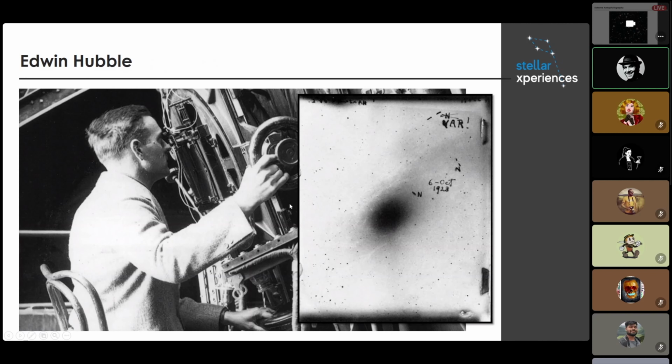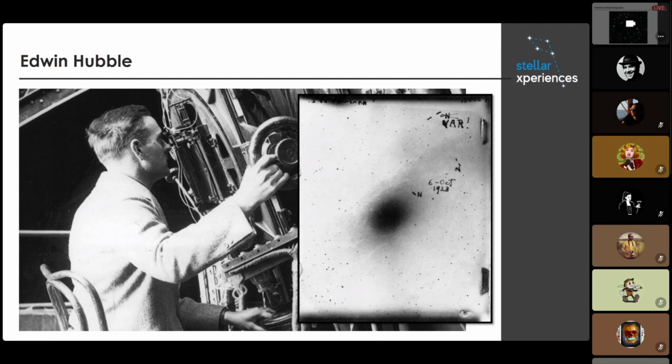And you may know this guy. His name is Edwin Hubble. His discoveries are phenomenal. He was working at Mount Wilson Observatory in the 1920s, and the telescope he was using was the largest telescope at that time.